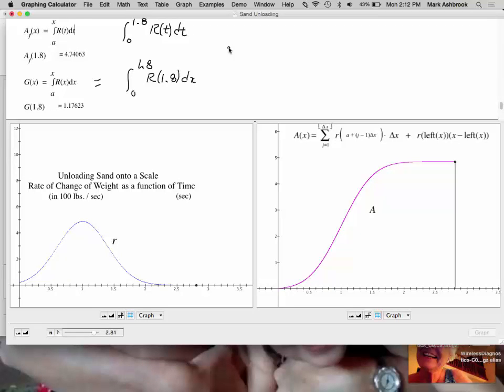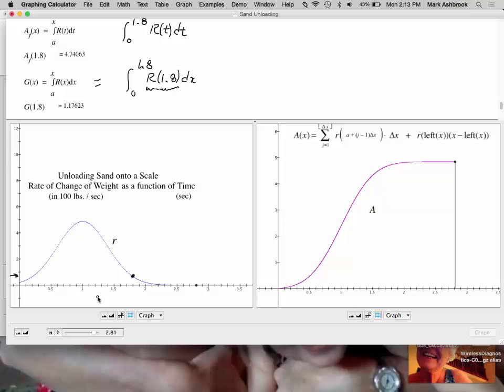So what's happening in this second one where I used x for all those variables? I'm accumulating all the amounts of sand from 0 to 1.8. And what kind of rate function am I looking at here? R of 1.8. Is this something like right here? R of 1.8 is that much.